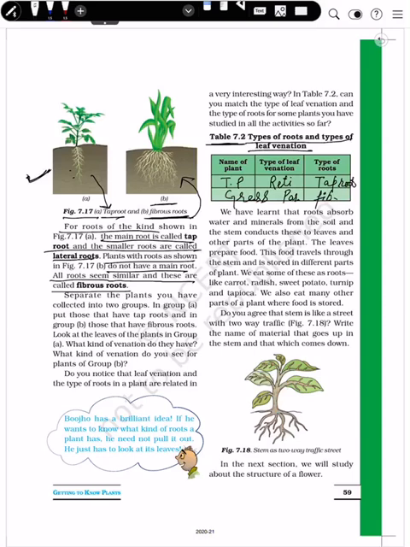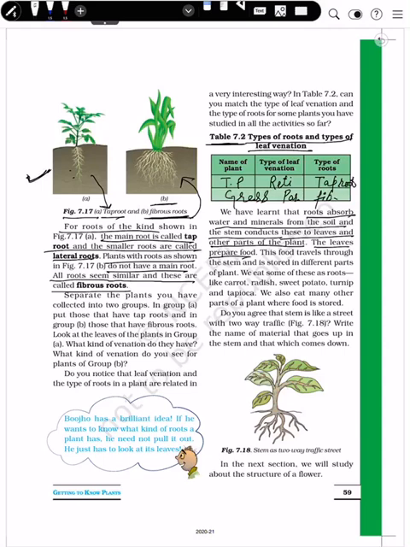Now we have learnt that roots absorb water and minerals from the soil, and the stem conducts these to the leaves and other parts of the plant, so that the leaves prepare their food with the help of photosynthesis.